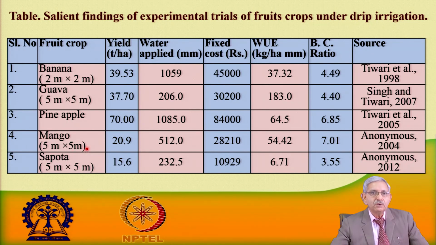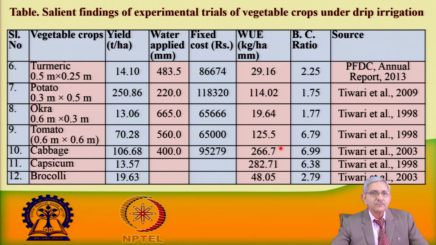These are the fruit crops, and you can see here these are the actual results we got from our study. Much better results afterwards. These are not very high yields, but whatever yield we have got, we are just showing you how the benefit cost ratio and water use efficiency are. There is a considerable improvement in the yield as well as the benefit cost ratio when we are using it.